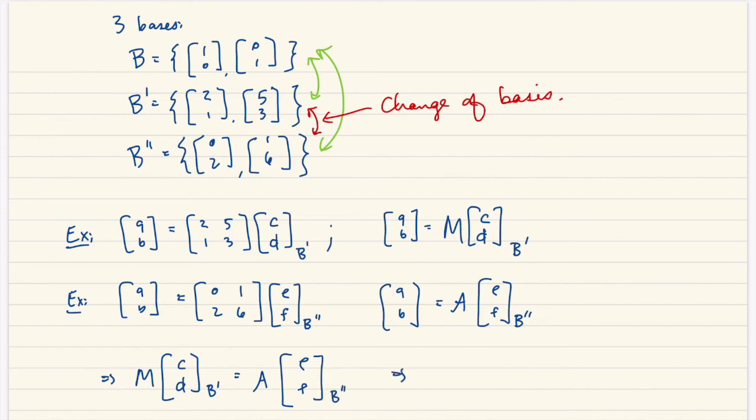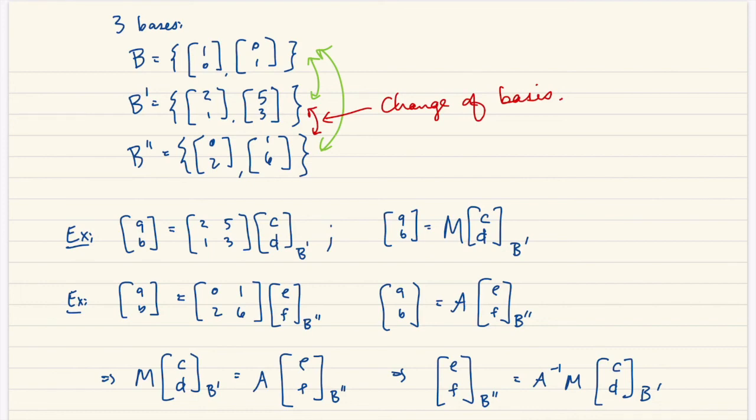And therefore, if I were to write EF relative to B double prime, I would take A and move it over, except I would get A inverse, right? We would just multiply both sides by A inverse. So we get A inverse times M times CD. Okay, and so this is our entire change of basis formula.